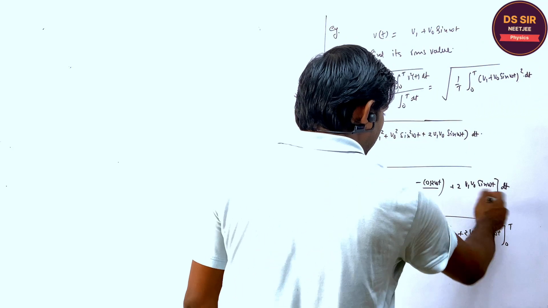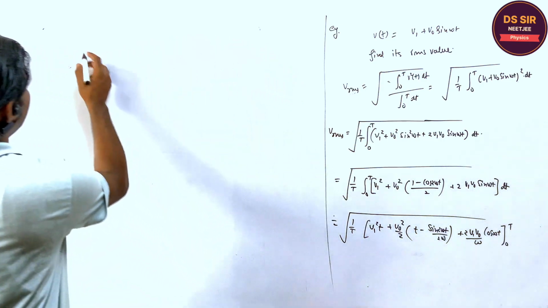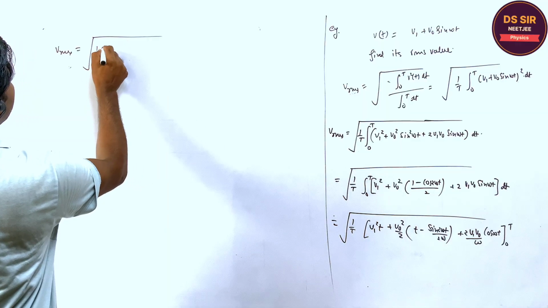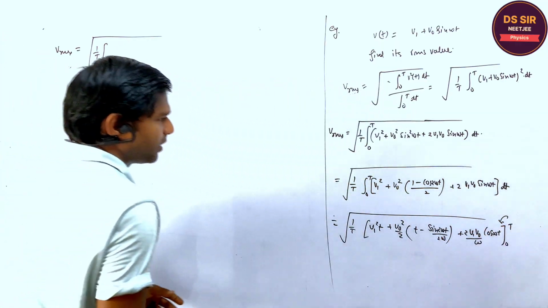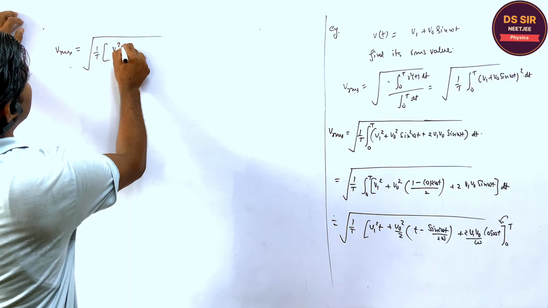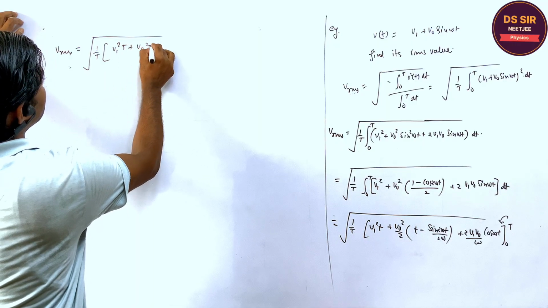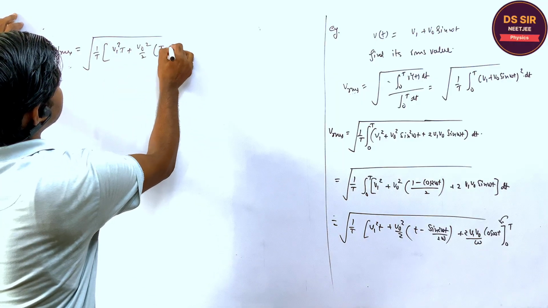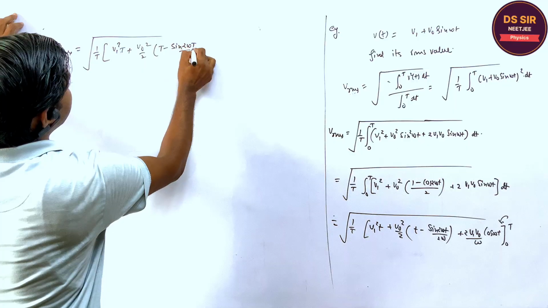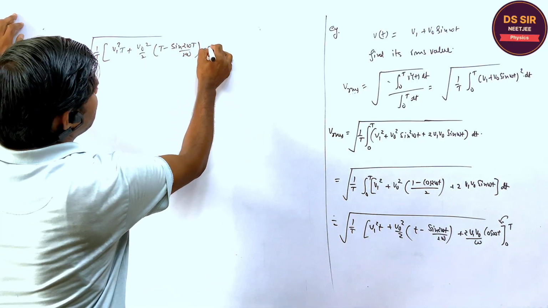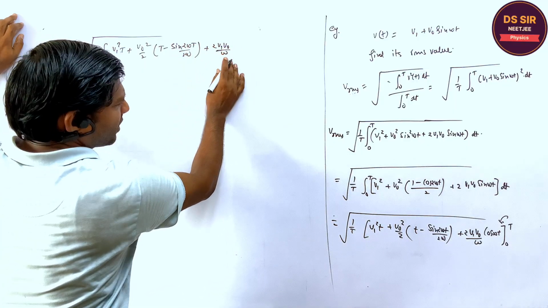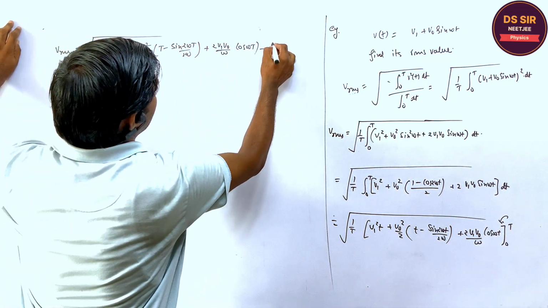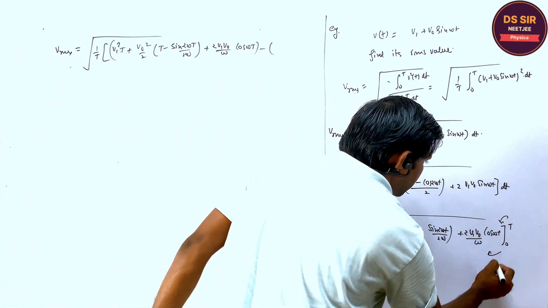Now you will put the upper limit, then the lower limit. When you put the upper limit everywhere, this is the square root of 1 by T times V1 square T plus V0 square by 2 into (T minus sin 2 pi by T into T over 2 omega), plus 2 V1 V0 by omega into cos omega T. Then I will put the lower limit, that is 0.